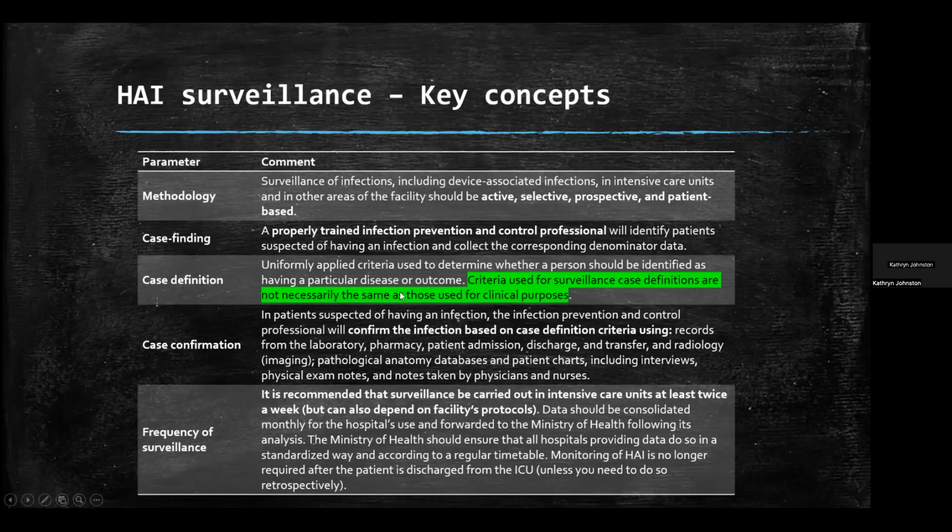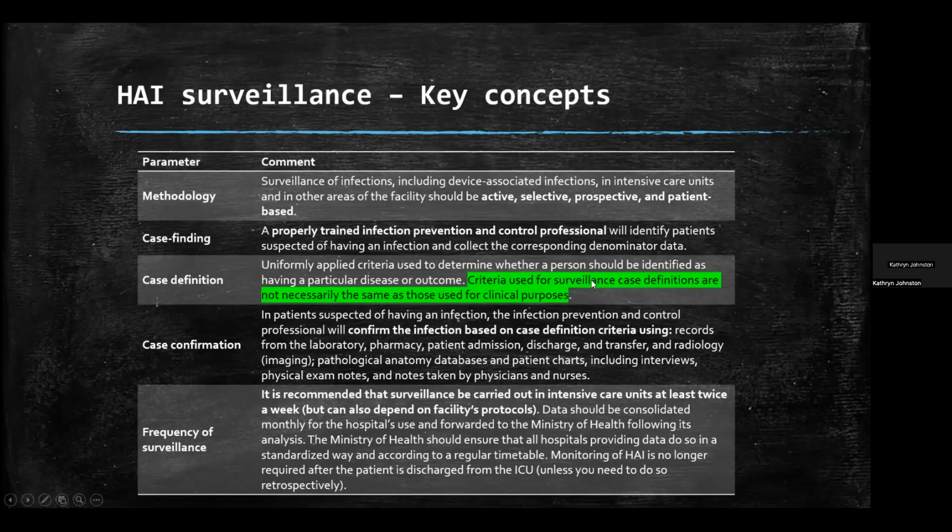It's not necessarily the same criteria that is applied for clinical purposes. You should never confuse the definitions used for HAI surveillance with how a patient would be diagnosed for clinical purposes, because they are two very different beasts.